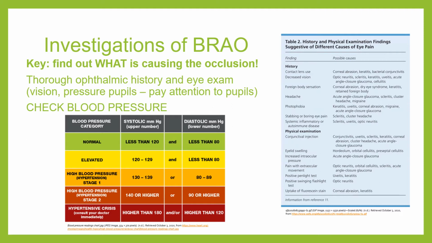And also, it will be a valuable test to perform visual fields. We should also check for any history of arteriosclerosis, any family history of high cholesterol, history of fractures, and any scalp tenderness, temporal pain, and jaw claudication.